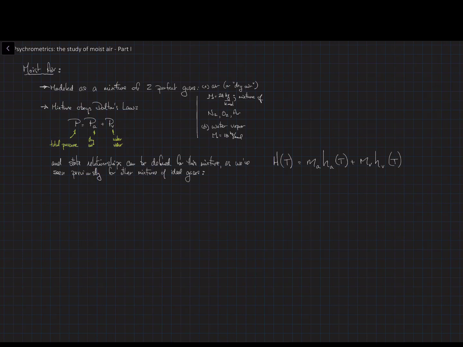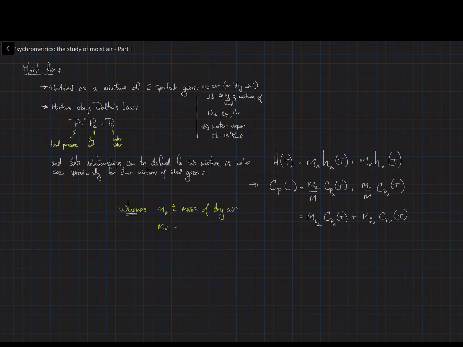That's going to be equal to the extensive enthalpy of air plus the extensive enthalpy of the vapor, which is equal to the mass times the specific enthalpy of either one of them. And since we're dealing with perfect gases, the enthalpy is the sum of the product of the specific heats at a given temperature times the mass that we have at that particular point. So the specific heat times the temperature.